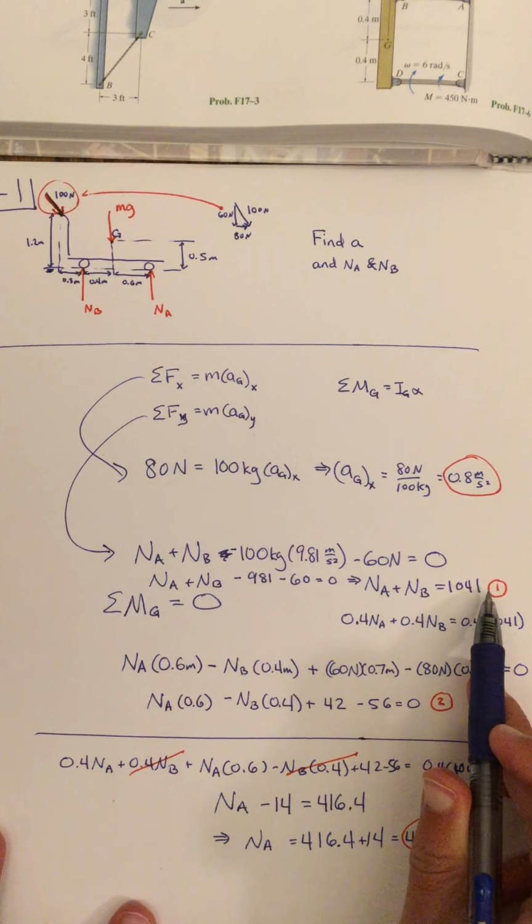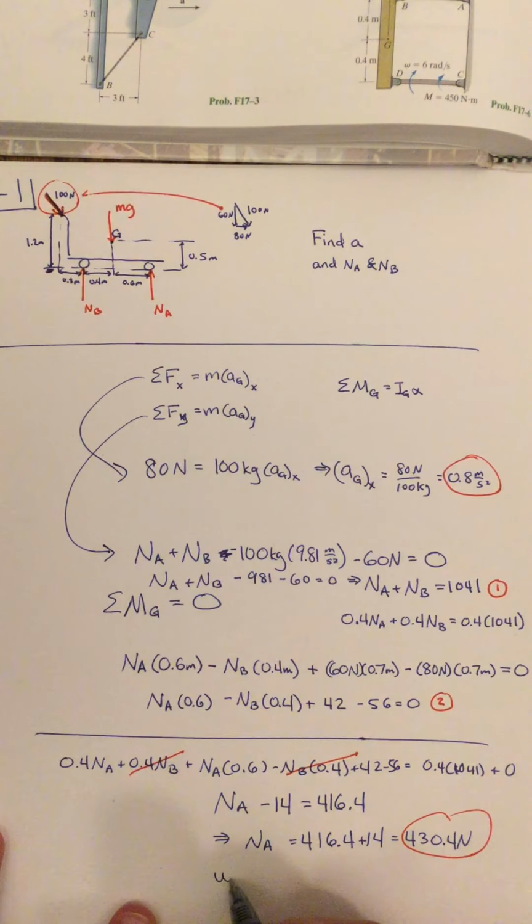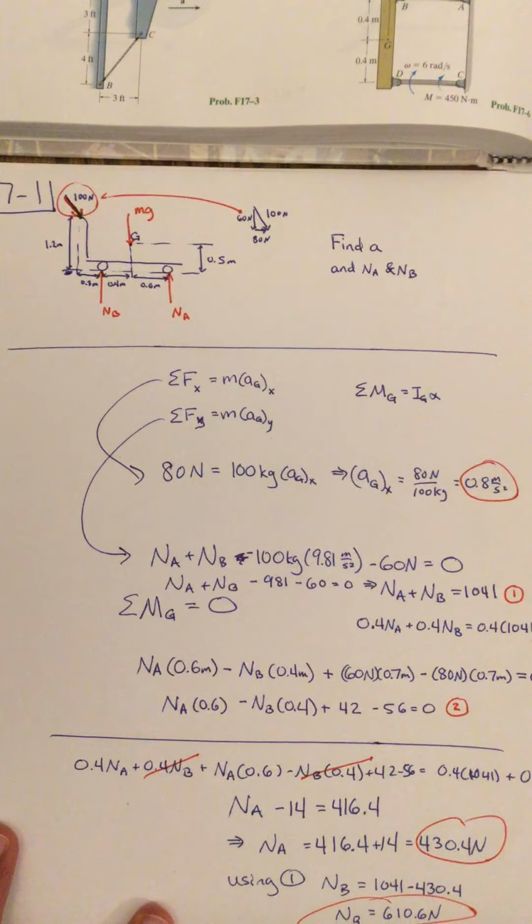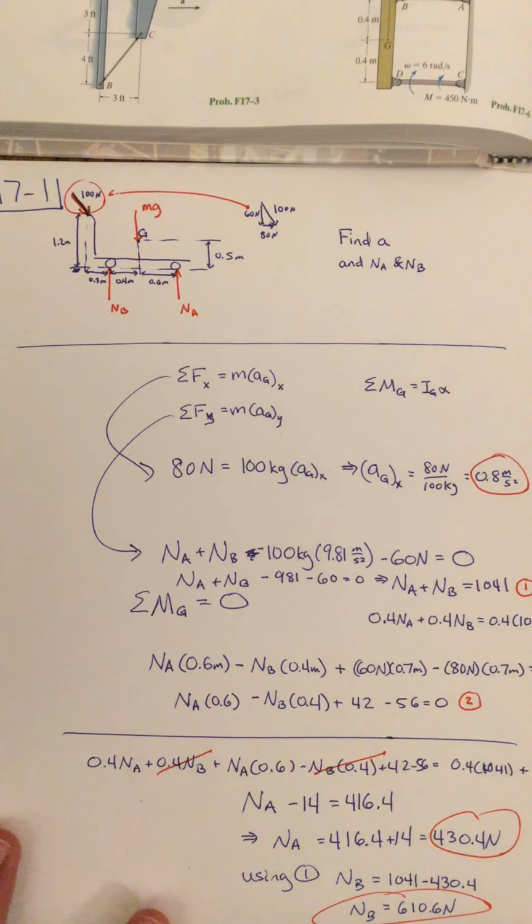It looks like it's going to be easier to do that using equation 1. So using equation number 1, NB is equal to 1041 newtons minus 430.4 newtons. So I get NB is equal to 610.6 newtons. And that concludes fundamental problem 17-1.